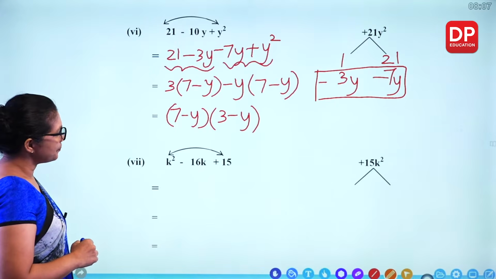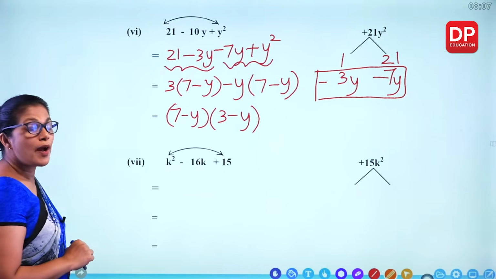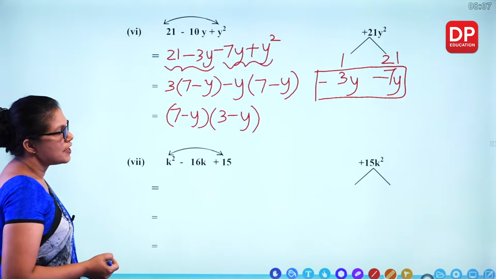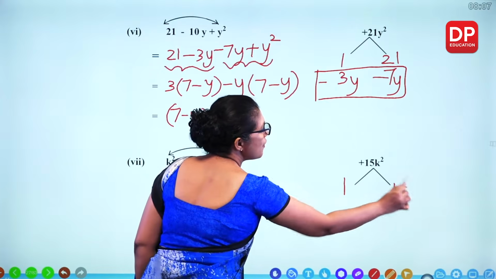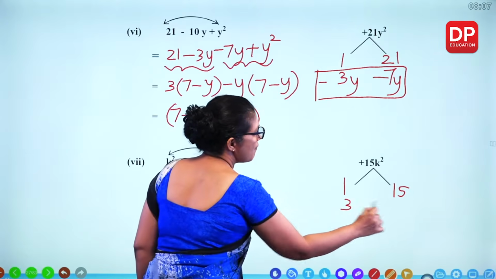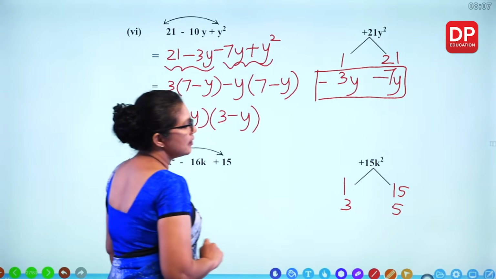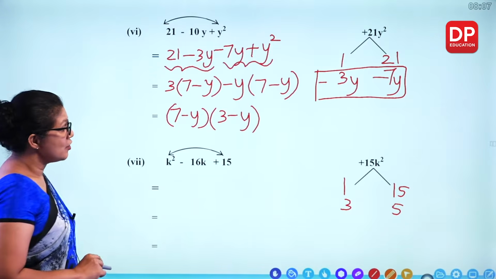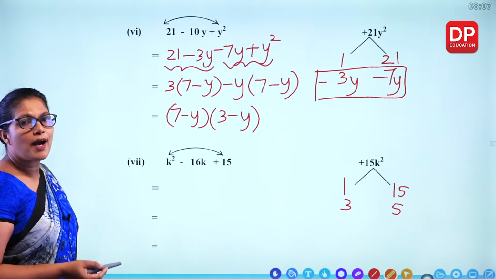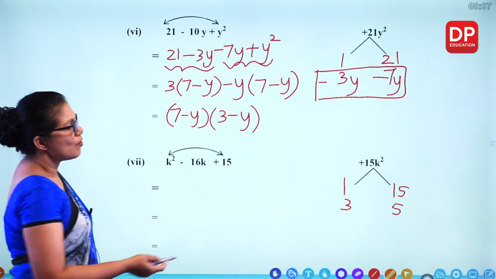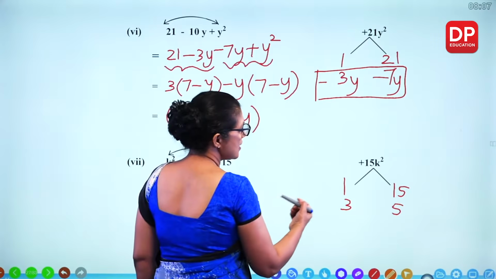This one, k squared into 15, so 15k squared. Factors of 15: 1, 15, 3, 5. Now we need to select appropriate factors to get minus 16. So 1 and 15 you get 16.